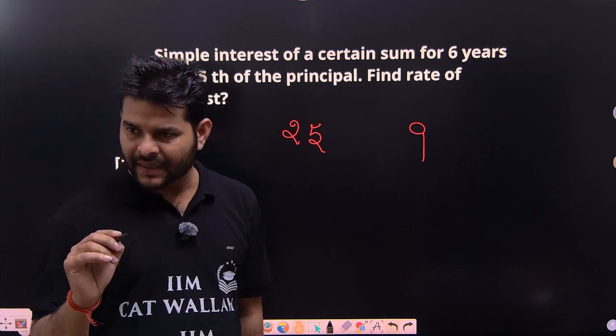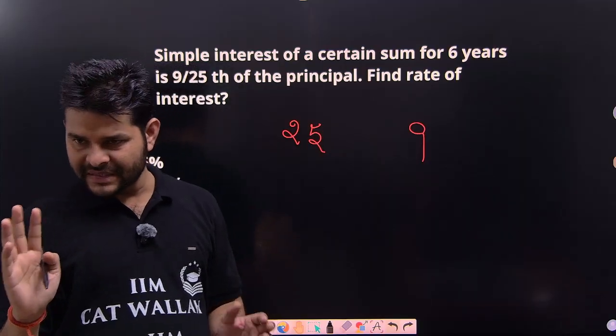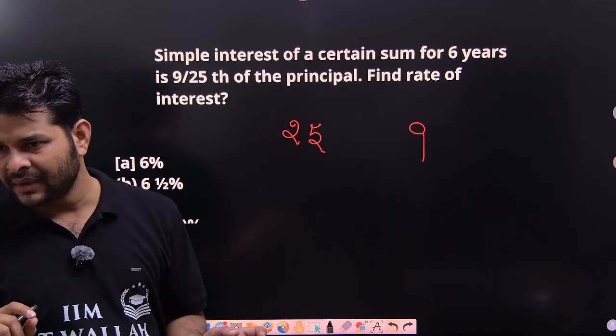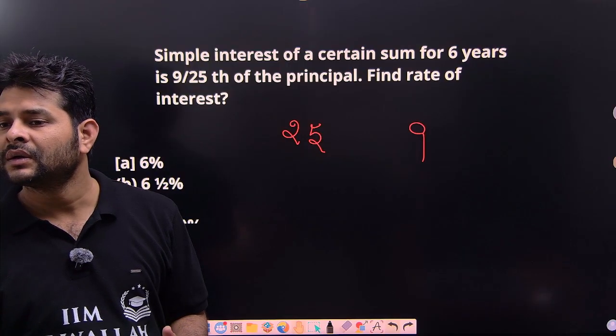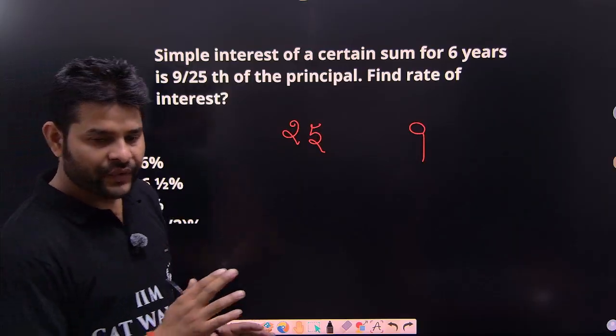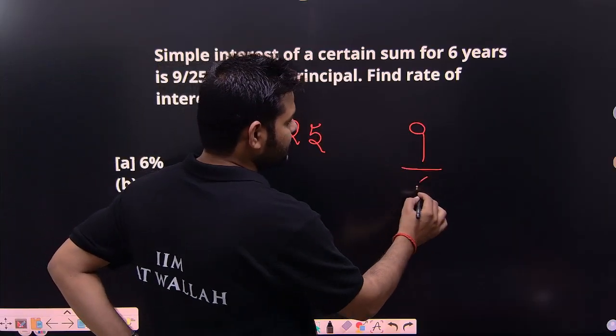Basically, we are comparing with the principal. So if principal is 25, then 9 is the SI for 6 years. So 1 year SI would be just divided by 6.